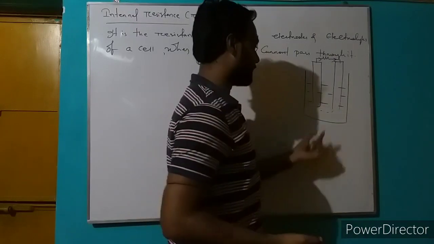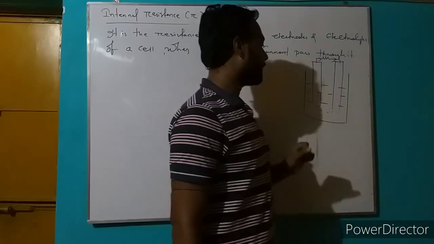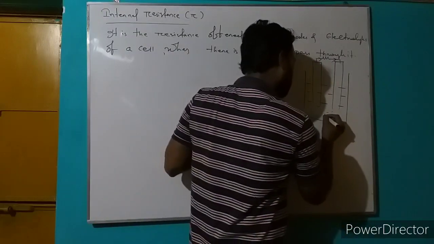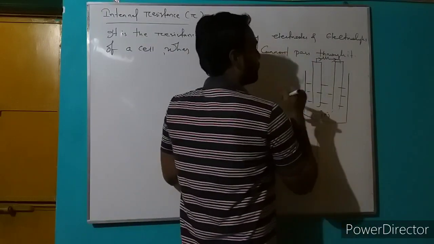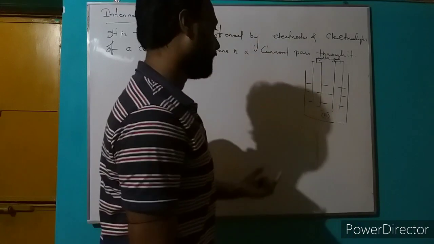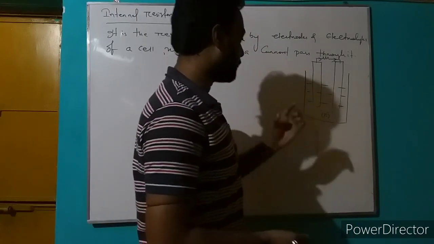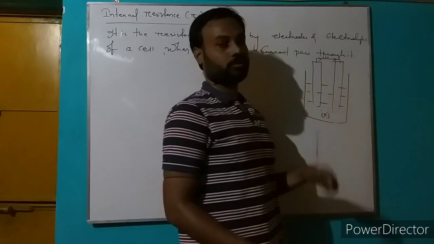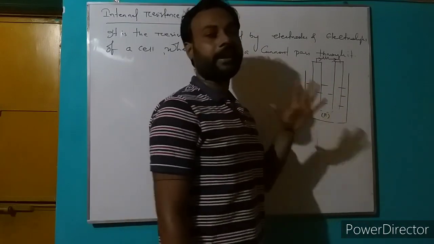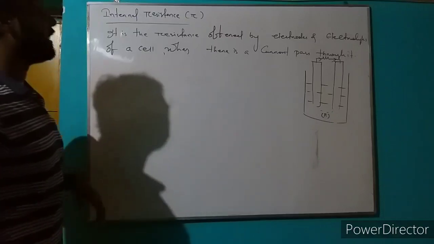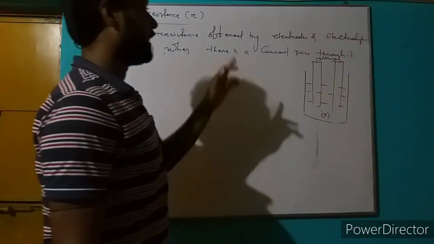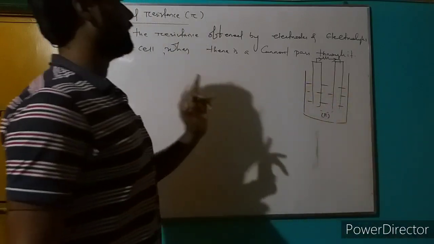So that internal resistance affects the electric current. Here an internal resistance is produced inside the cell, due to the electrolyte as well as the electrodes inside the cell. That is called internal resistance. So it is the resistance offered by the electrodes and electrolytes of a cell when there is a current passing through it.